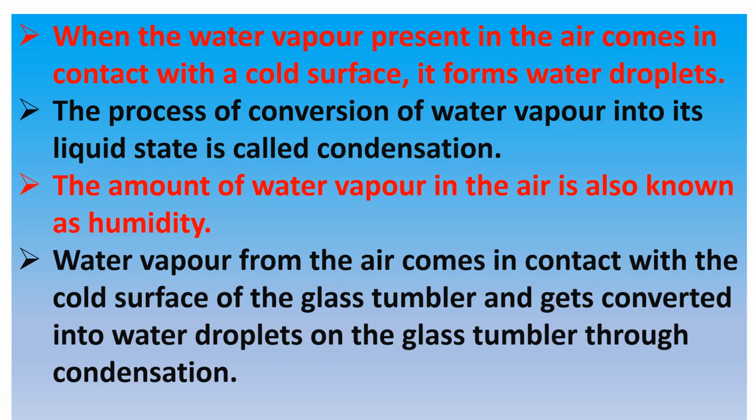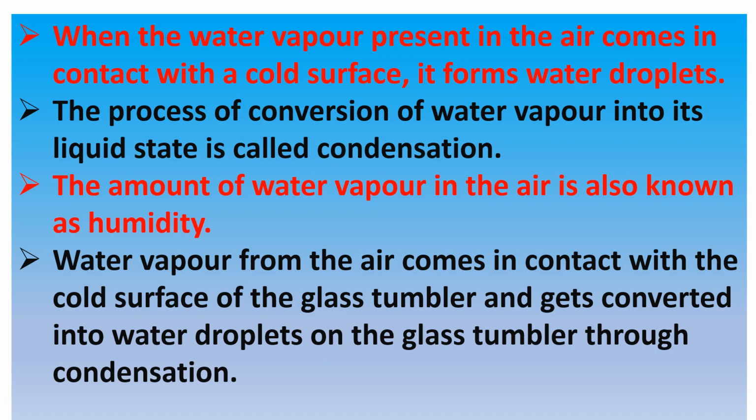The process of conversion of water vapor into its liquid state is called condensation. So when water vapor comes in contact with the cold surface and comes into its liquid state, it is called condensation.